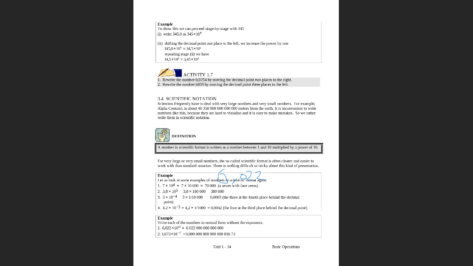The power of 10 is positive, that means you're going to move to the right. So this comma will move 1, 2, 3, 4, 5, 6, 7, 8, 9, 10, 11, 12, 13, 14, 15 places this side.